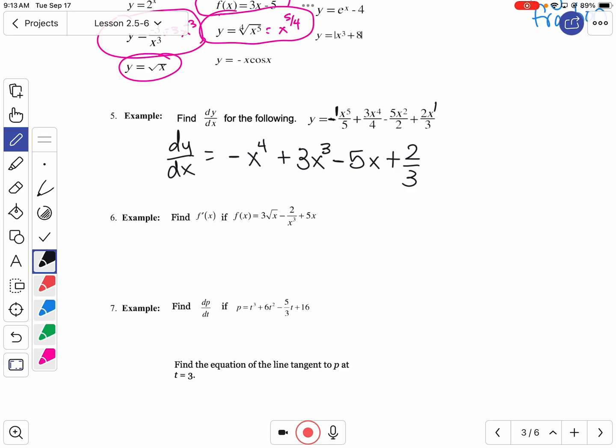And the answer is yes. So let's rewrite before we start. f of x is the same thing as square root of x, which would be x to what power? The 1/2. Minus 2x to the negative 3 plus 5x. Now everything's in the right form. We can follow our power rule process.